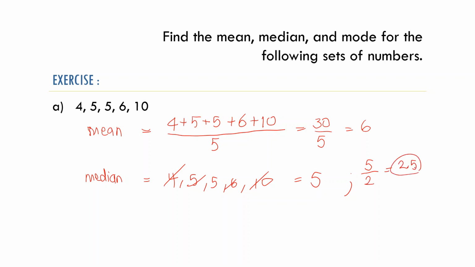This 2.5 is a number with decimals, which means that you use the third data. This is first, second, and third. So you get the same answer, equal to 5. And the mode is the most frequent, so it's obviously also 5.